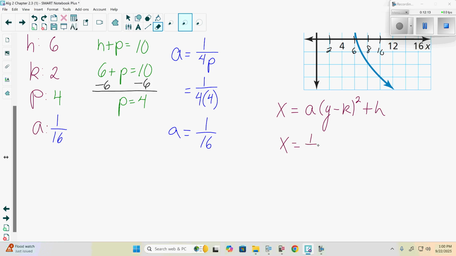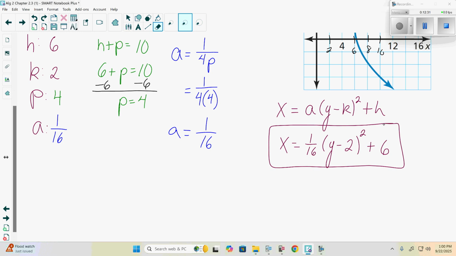So x equals 1/16, parentheses, y minus, what is our k value? 2, squared, plus our h value is 6. We don't have any double negatives we have to take care of, because a negative and negative turn a positive, we would fix that. We don't have plus and negative like with our h on the outside. That is the equation.